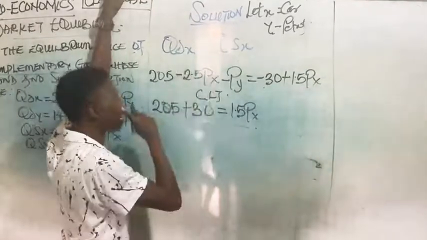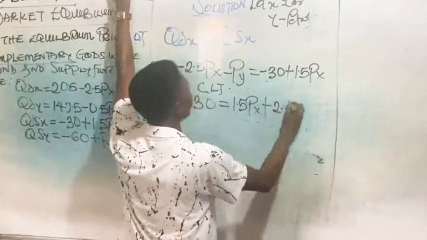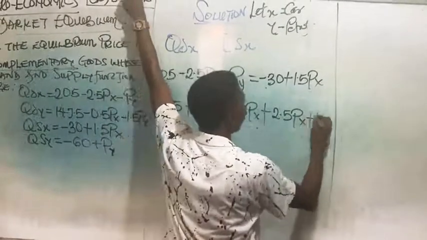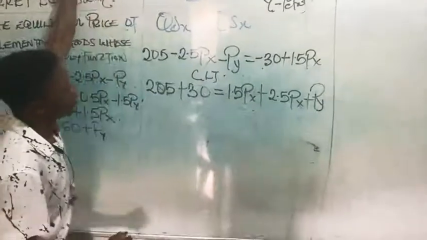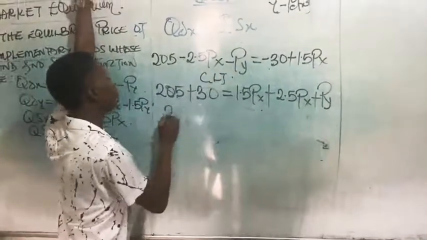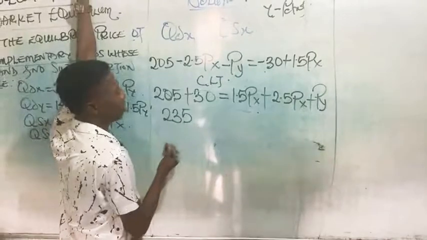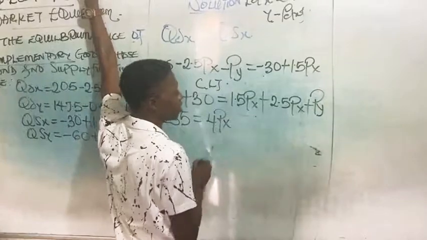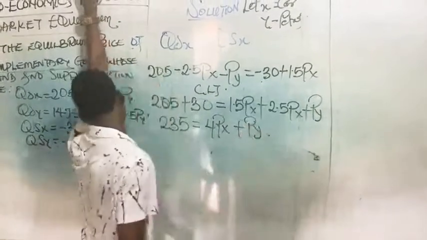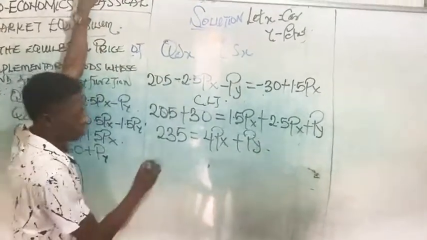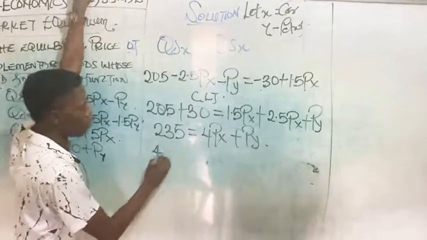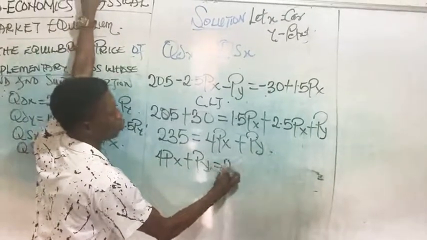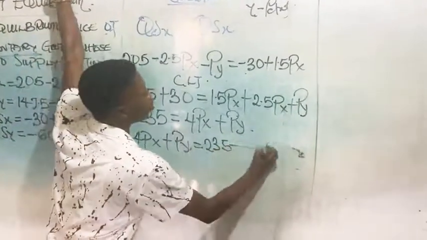This one tends to move to the other side, which we have plus 2.5 PX. Likewise, this one tends to be plus PY. So therefore, this plus this will give me 235 equals to this plus this tends to give me 4PX plus PY. So therefore, the first equation tends to be 4PX plus PY equals 235, equation 1.